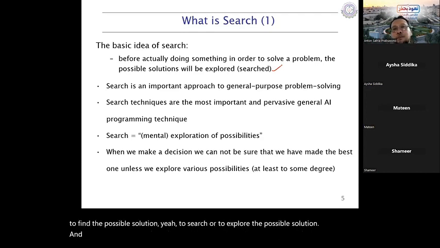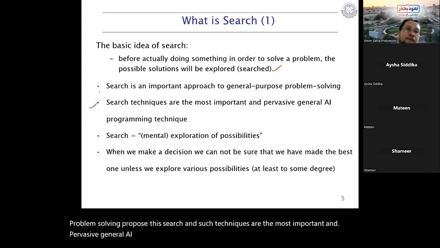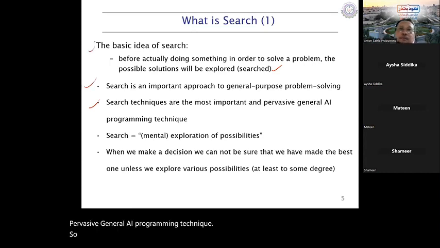Search is an important approach to general problem solving, and such techniques are the most important and pervasive general AI programming technique. It is very important in AI.